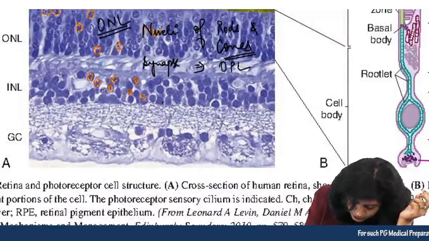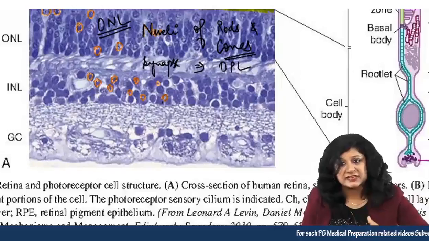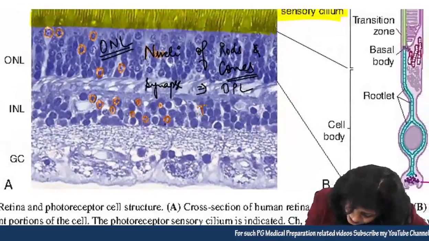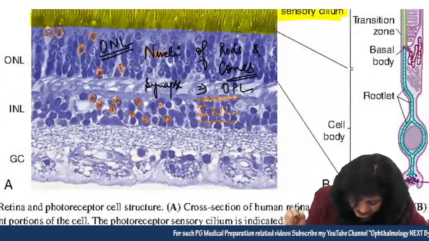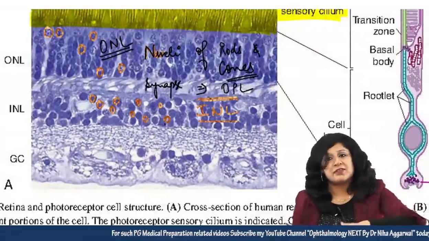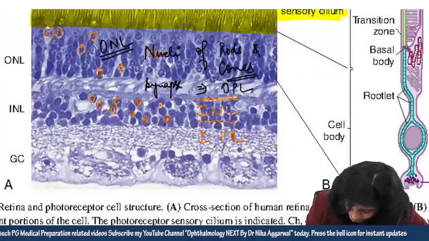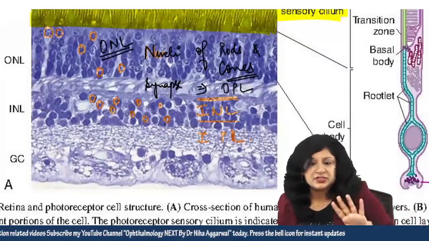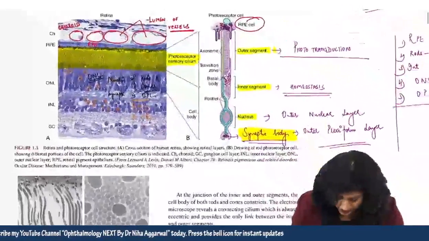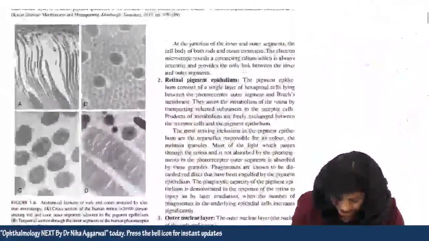So this is also nuclei, but this is towards the inner side. So I will say this is your inner nuclear layer because this is towards the inner side, right? And again they will be synapsing, so I will have the inner plexiform layer. So we have reached up till here. First we'll try to read and then we'll come back to this diagram.